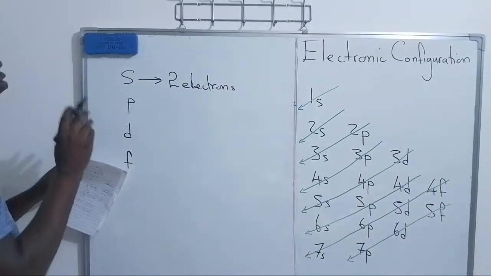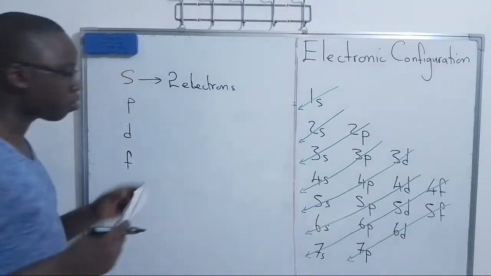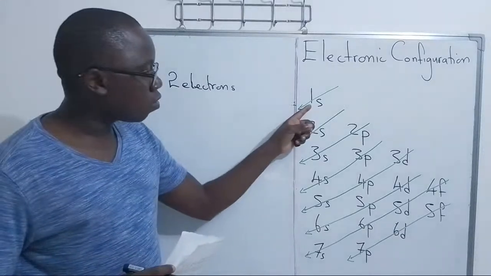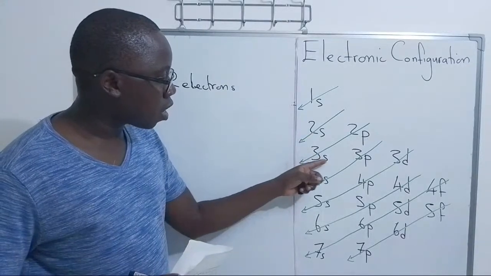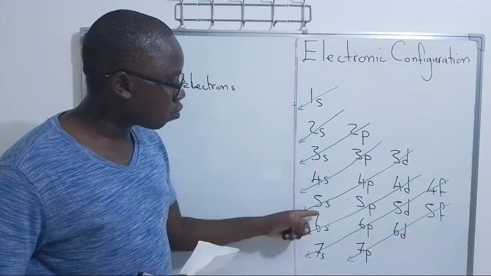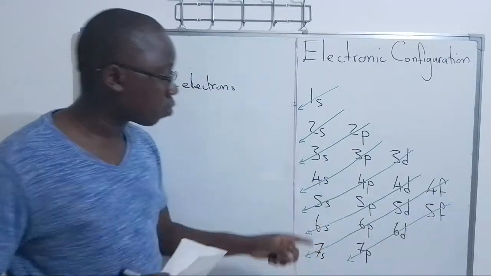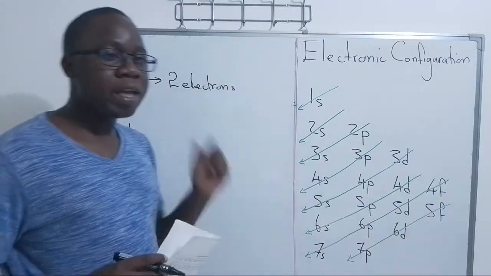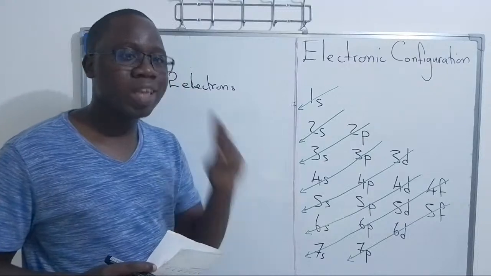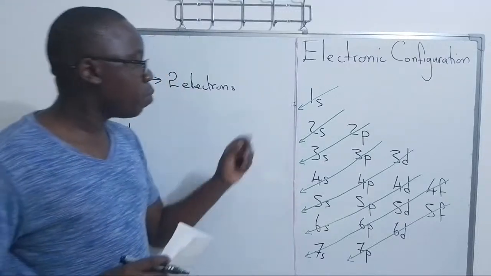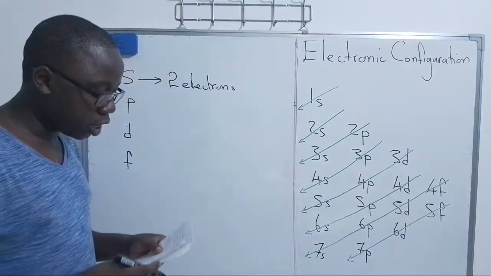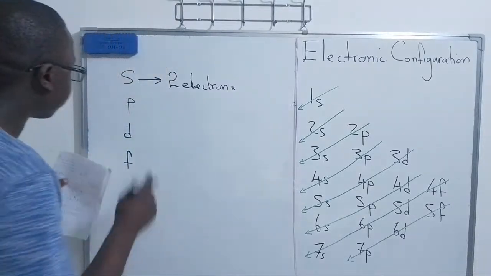So all these s orbitals, 1s, 2s, 3s, 4s, 5s, 6s, 7s, can occupy a maximum of 2 electrons. You need to remember this point as we proceed in our lecture this evening.